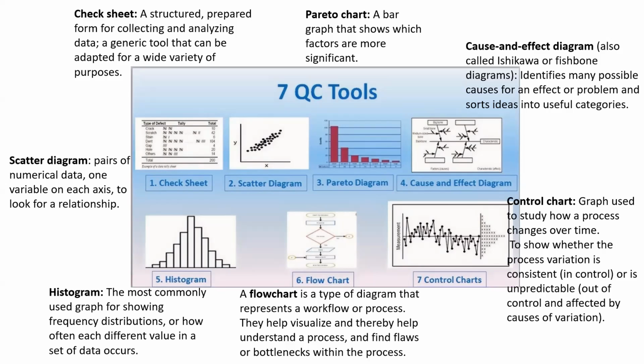Finally, we have the control chart, where you have to look at the variation of a process. This is typically when you're doing a production, producing products, and you want the food to be produced as consistently as possible.